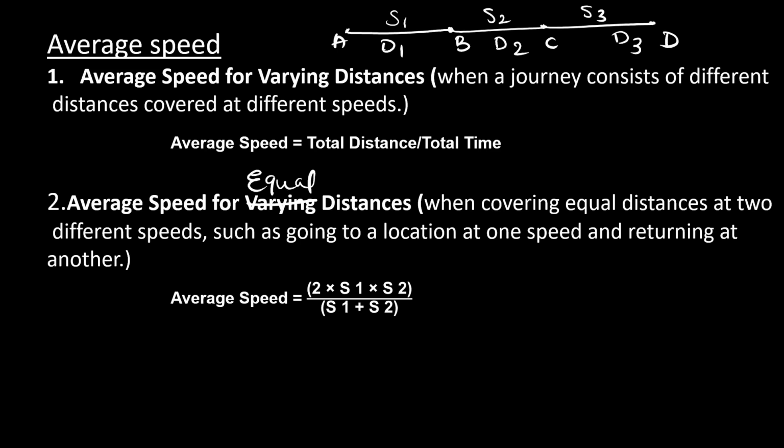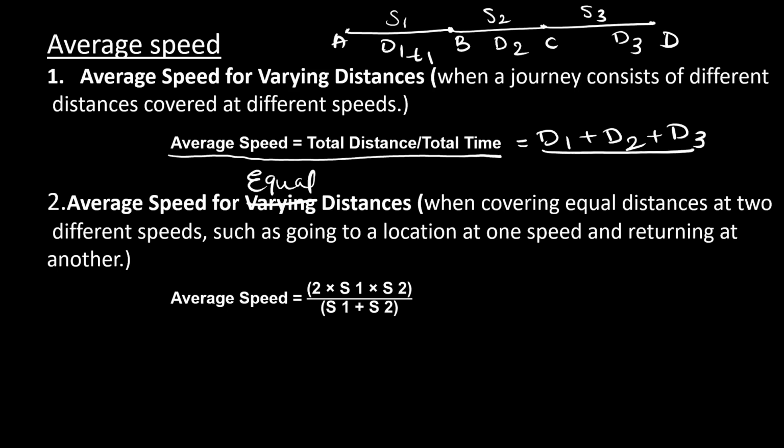In such cases, when the journey consists of different distances covered at different speeds, the average speed is equal to total distance divided by total time taken, that is D1 plus D2 plus D3 divided by T1 plus T2 plus T3.